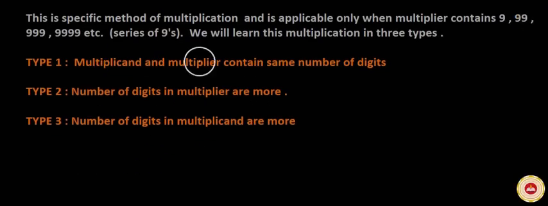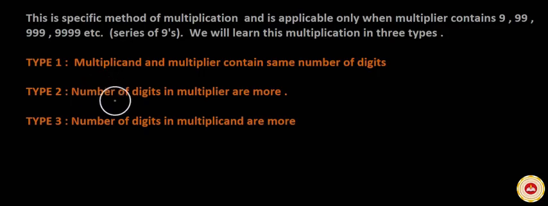First type is multiplicand and multiplier contain the same number of digits. The multiplier should contain 9 only. We can say that the number of digits in the multiplicand and the number of 9s in the multiplier should be equal.